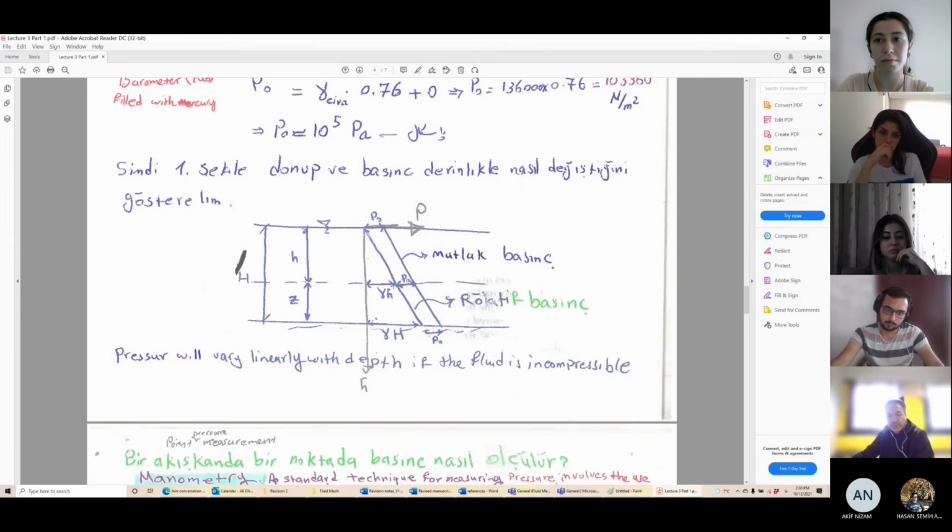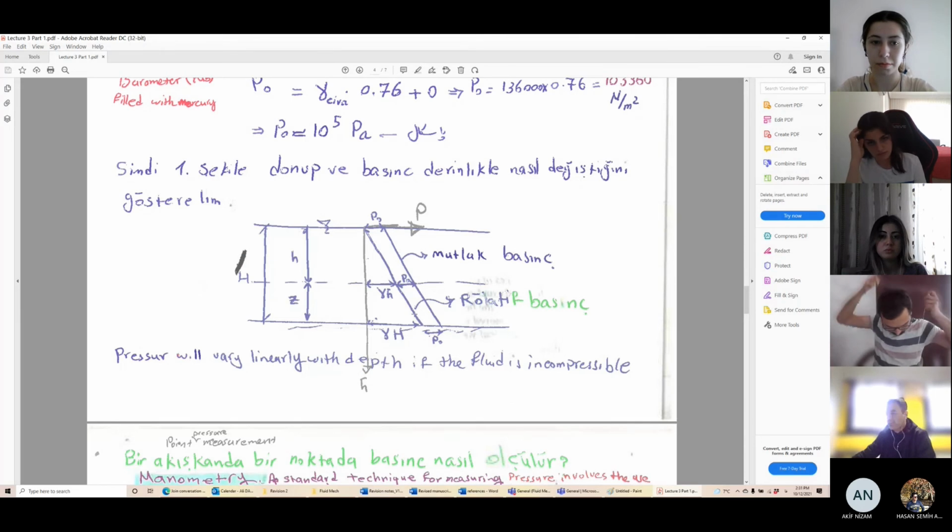At the bottom, the pressure is gamma H. If you connect these points together, as you see here, you will have a linear distribution of pressure in the liquid. So this is called the pressure distribution. It is linearly distributed within the liquid.